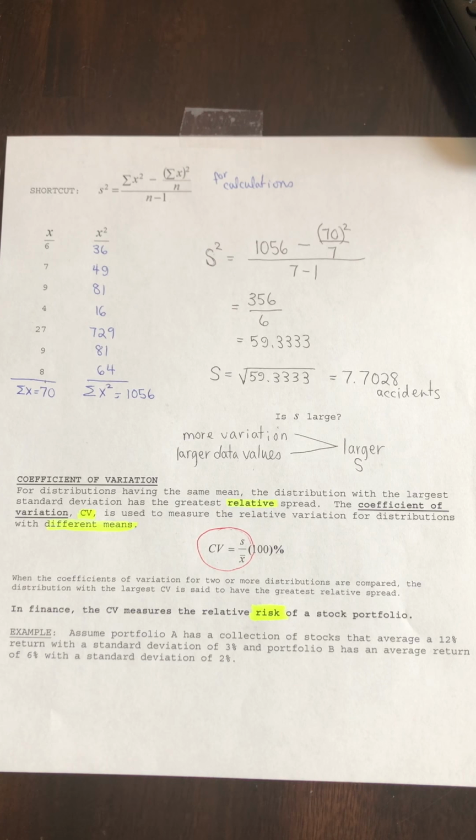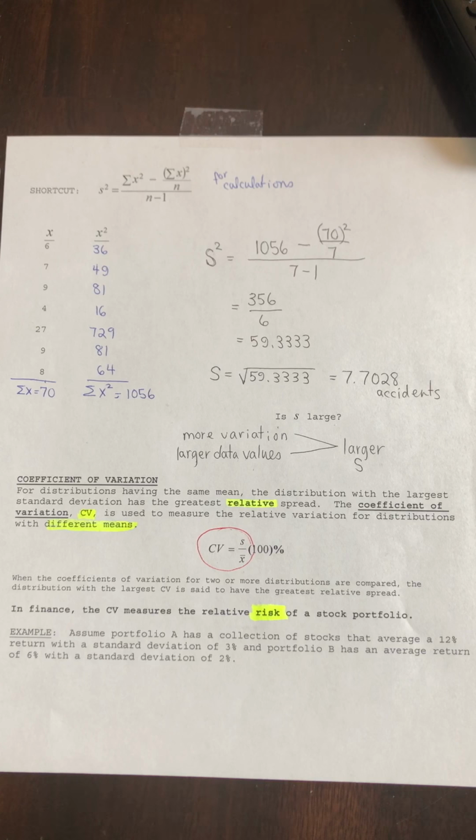If you buy a stock that always gives a 5% return, then there's really no risk involved. The standard deviation is going to be 0. Now, if you buy a stock and one month it's 5%, and the next you lose 10%, and then you gain 12%, et cetera, the standard deviation is going to get higher and you're going to have more risk.